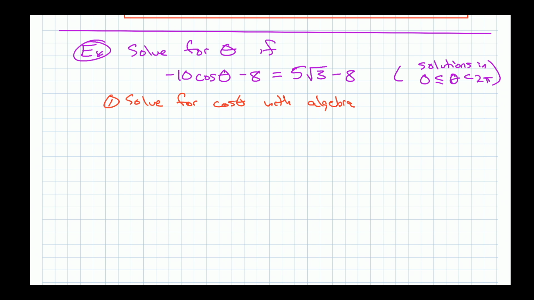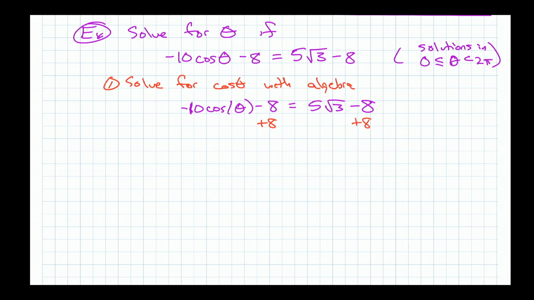Not so bad. You got negative 10 cosine theta minus 8 equals 5 square root 3 minus 8. So you're going to add 8 to both sides. You're trying to get the cosine by itself. You're going to end up with negative 10 cosine theta. The 8's cancel. That's kind of weird that they even have that. Equals 5 square root 3.